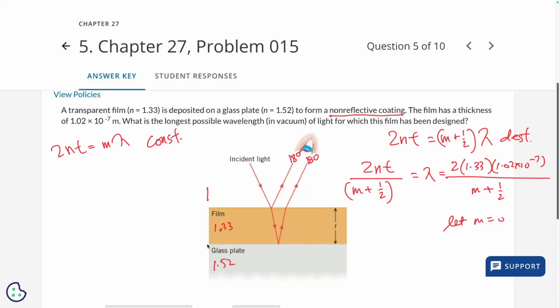I don't remember if I did the 2, but I didn't do the other 2. I got 5.43. Now I'm going to screw up again. 5.43 times 10 to the minus 7. So 8, 9, that's 543 nanometers.